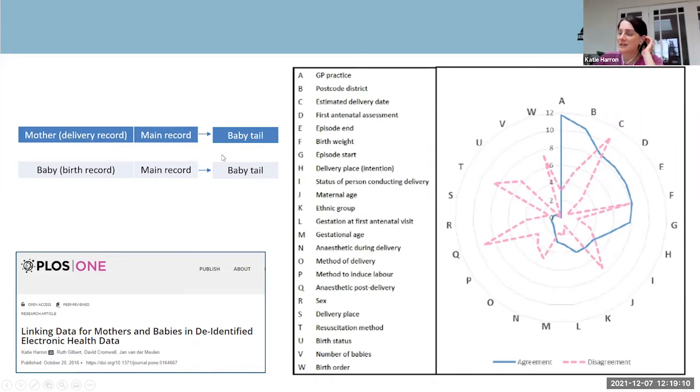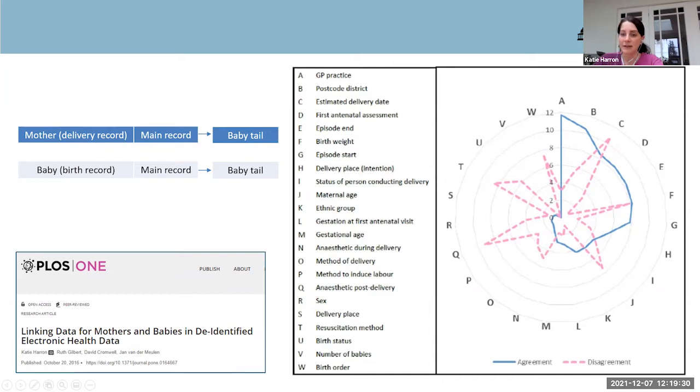So by using a combination of deterministic and probabilistic linkage, we were able to use this information to find the same mother and baby pairs in HES. So this plot shows the probabilistic match rate associated with each of these variables.